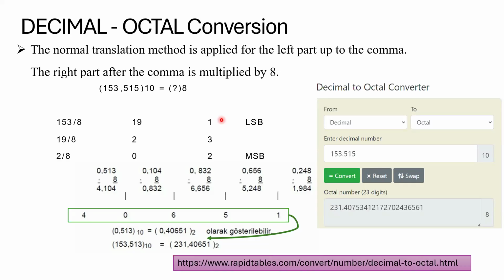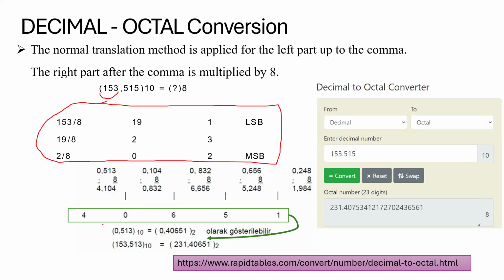Actually, it's not important because it's the LSD bit. In this part, let's see, I want to show this one. So the upper side represents the left side of this number. So we know how we can convert this one, right?